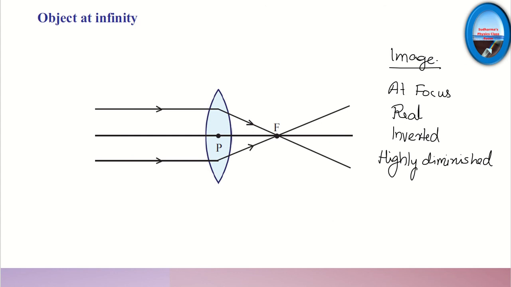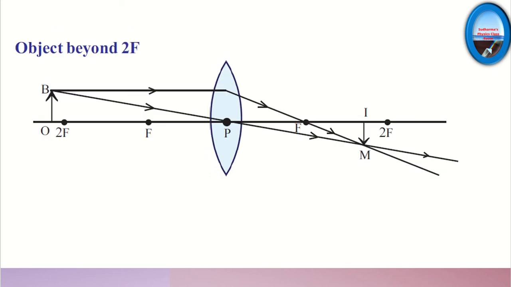We are expected to learn each and every position of the object and the image characteristics, both for concave and convex lens. Now comes the next position. It is object beyond 2f. So observe what is happening here. How do we draw the ray diagram? So, object beyond 2f.